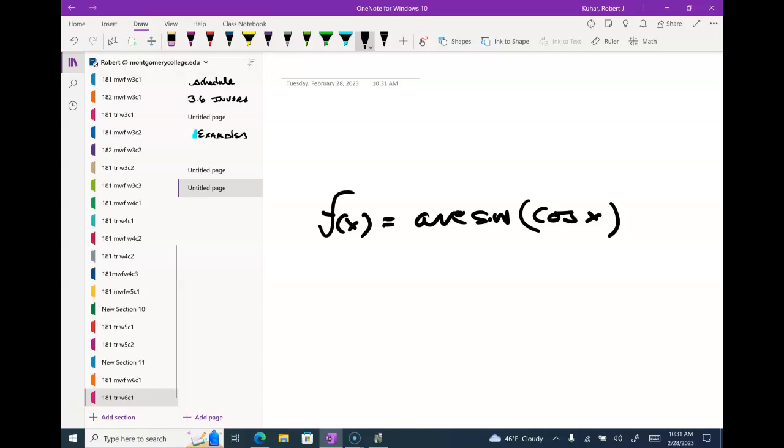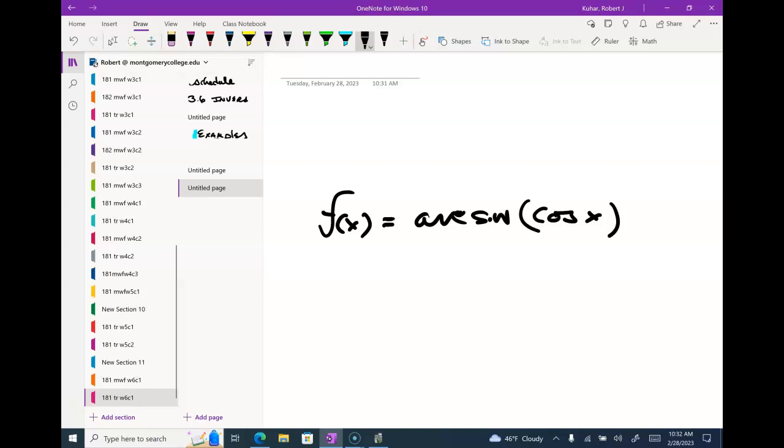Anybody know the derivative? 1. Because the derivative of x is 1. That's right. Arc cos and cos are inverse, so you just get x, then the derivative of x is 1.